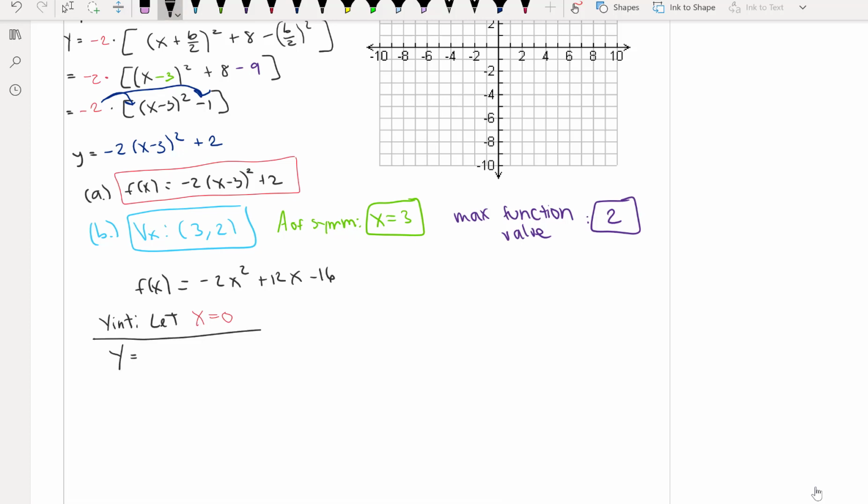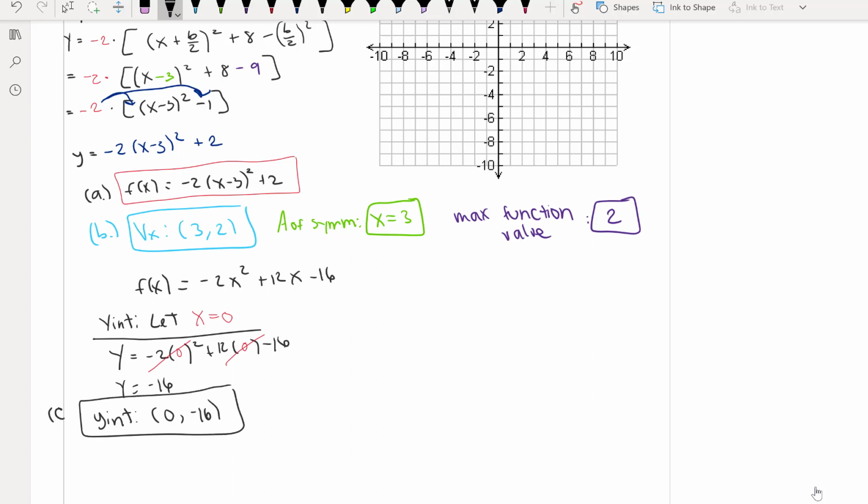So I have y is equal to negative 2 times 0 squared plus 12 times 0 minus 16, and I'm plugging in a 0. And 0 times anything just cancels out, so I'm left with y is equal to negative 16. So my y-intercept, don't forget to write it as an ordered pair, is (0, -16).